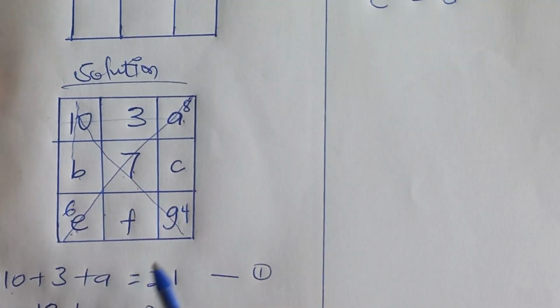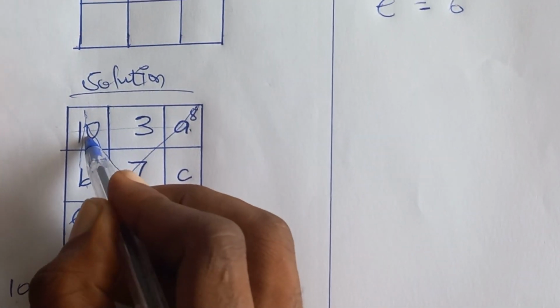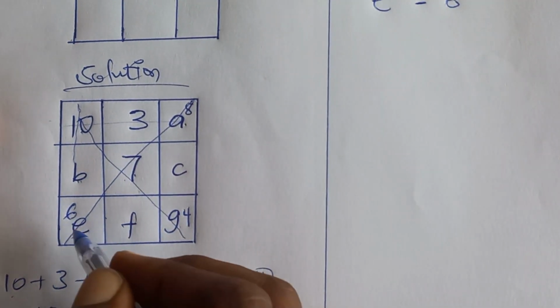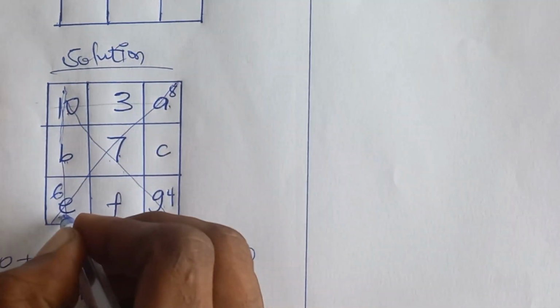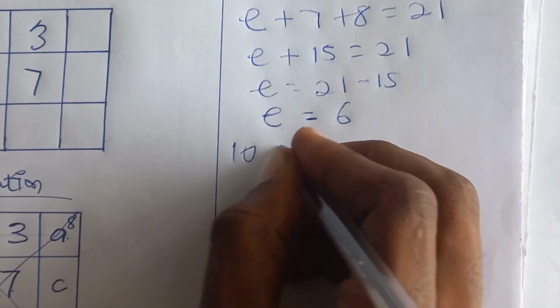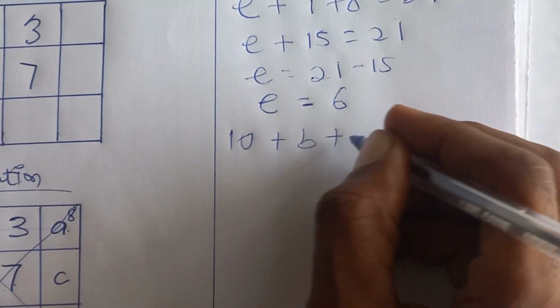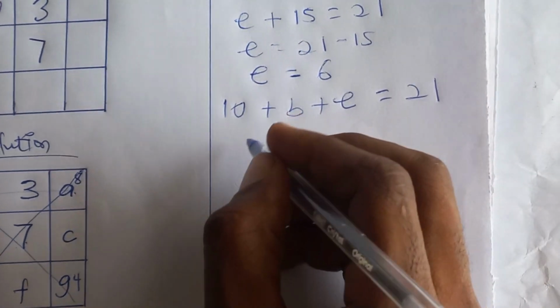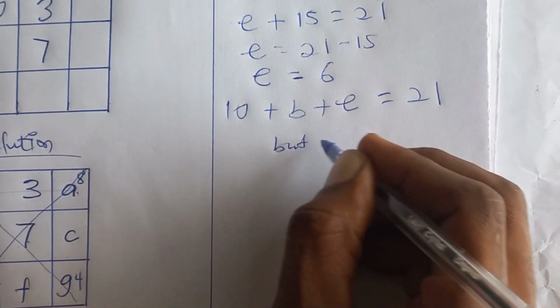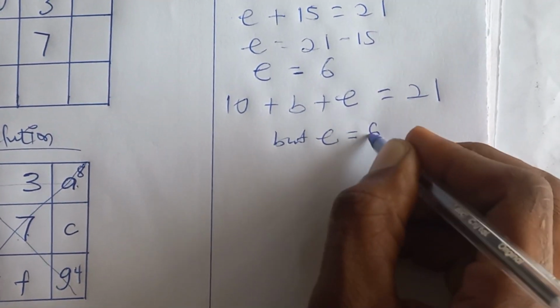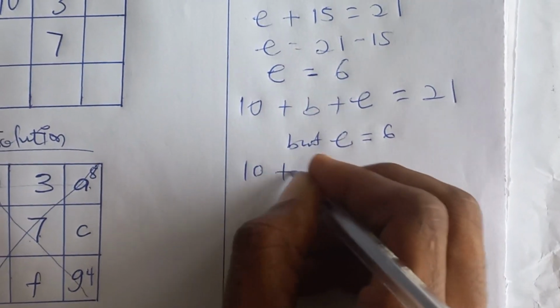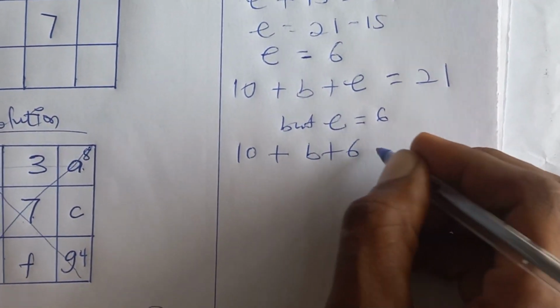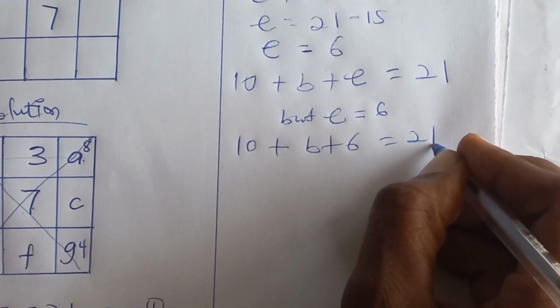Like this. We had 10 here. We have B, then E, of which we know the E. So let's tackle this side. So we have 10 plus B plus E should be equal to 21. So we know E to be 6. So we are going to get 10 plus B plus 6 is equal to 21.